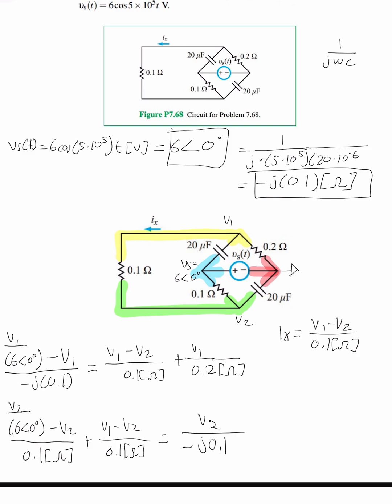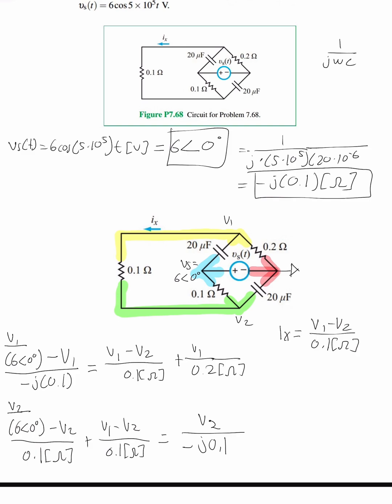and then you enter the equations. To type in your calculator, it's going to be, oh sorry, it's going to be 6 angle 0 minus x over negative j.